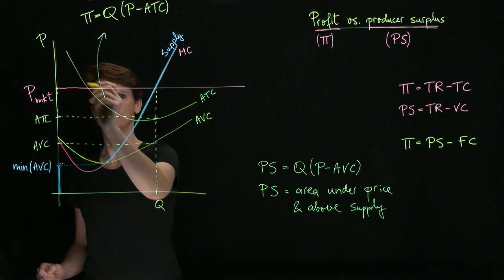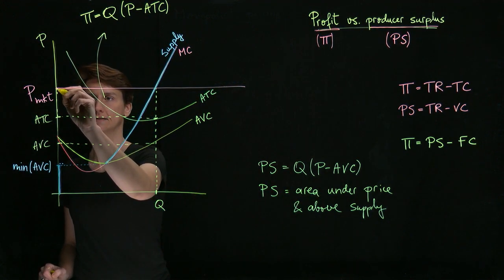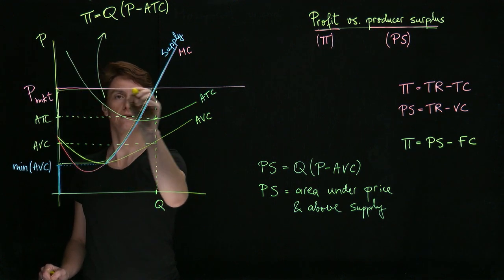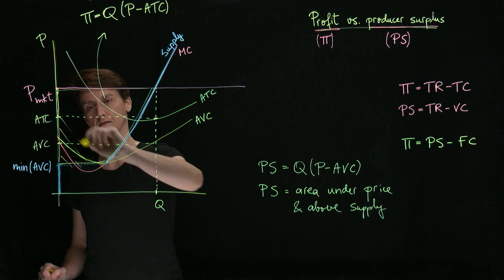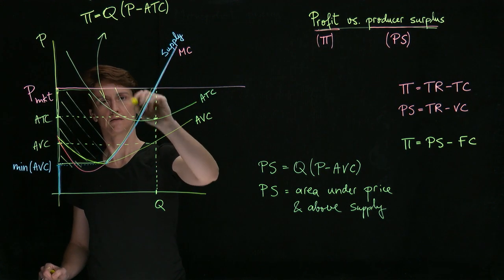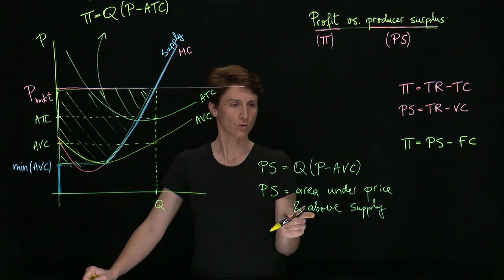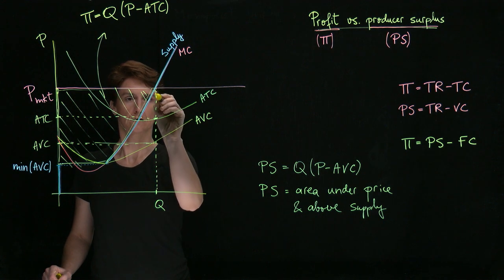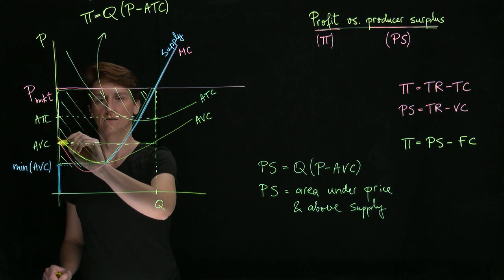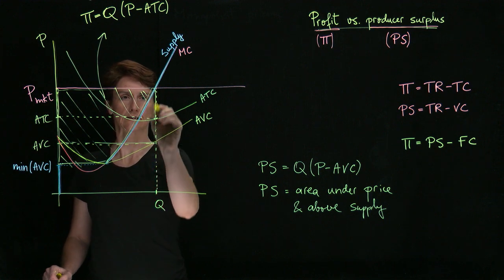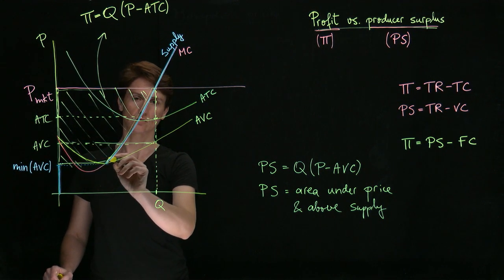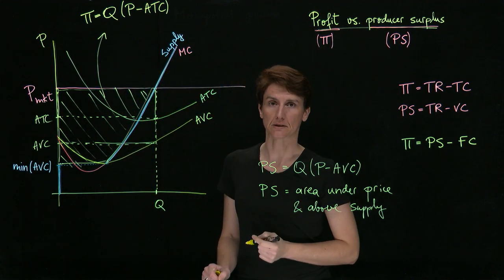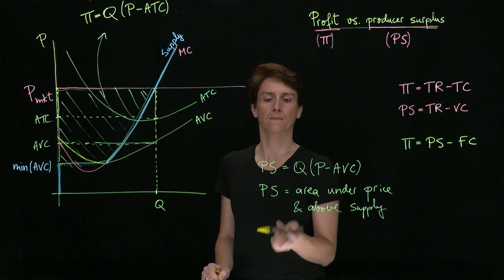So in our graph here, producer surplus can be seen as this large area, or as this rectangle. So this rectangle and this almost trapezoid-like area are equivalent. They can both be interpreted as giving us producer surplus.